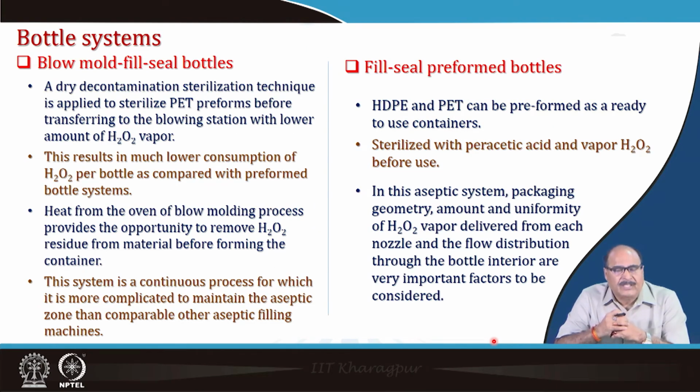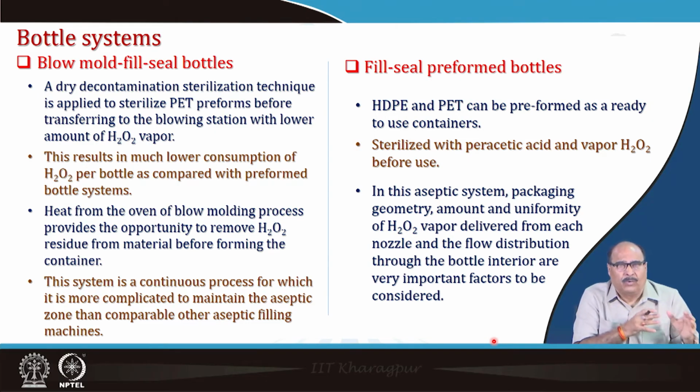Then bottle systems. They may be made by blow mold fill seal bottles or fill seal pre-formed bottles. In blow mold fill seal bottles, a dry contamination sterilization technique is applied to sterilize the PET preform before transferring to the blowing system, with a lower amount of H2O2 vapor.